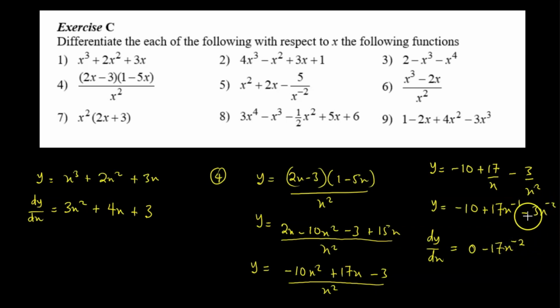Then negative 2 multiplying negative 3 will give us plus 6x to the power, subtracting 1 from negative 2, negative 3. So my final dy/dx will be given as negative 17 over x squared, plus 6x raised to the power negative 3.